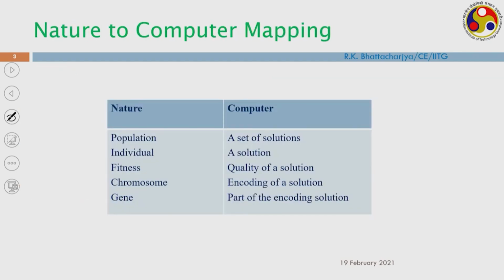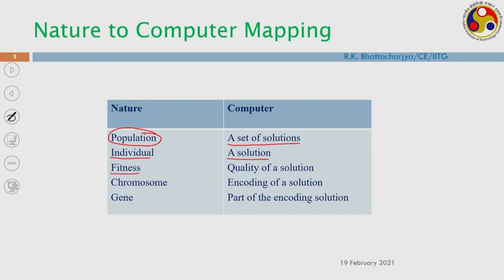If I compare the nature to the computer mapping: in nature we use this nomenclature. Population is nothing but a set of solutions. Then an individual is a solution, so in a set of solutions, each is called an individual here, and in computer terms we call it a solution.